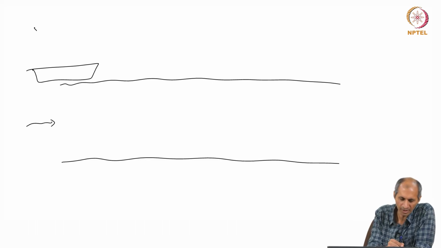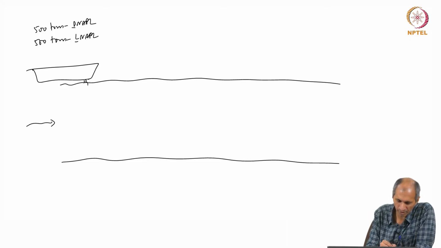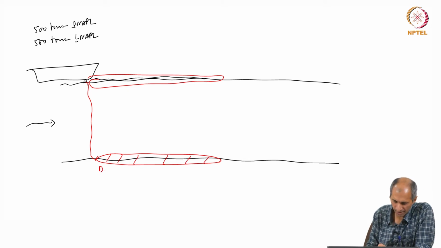It says 500 tons DNAPL and 500 tons LNAPL, dense and light, which means when it spills out, one large portion is going to sit on the surface of water, and another large portion is going to go down and sit on the bottom of the river. So, this is the DNAPL, this is the LNAPL.